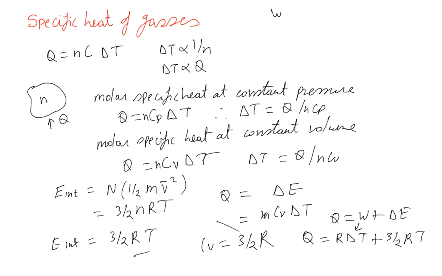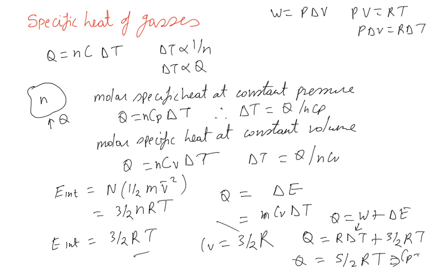Simply, we know that W is P delta V, and from the gas equation PV equals RT, we know that P delta V will be R delta T because P is a constant. So just using this, we can see that Q turns out to be 5 over 2 R delta T. And from here you can deduce Cp to be 5 over 2 R.